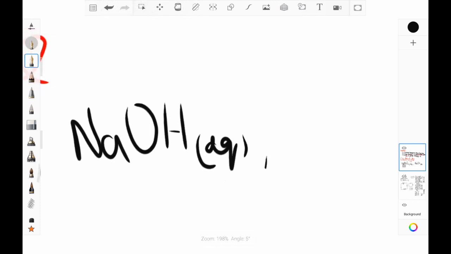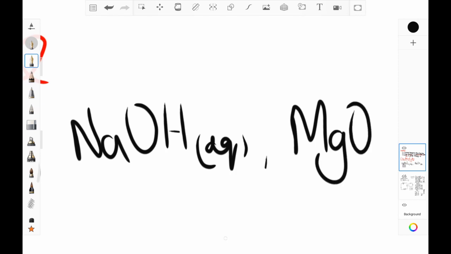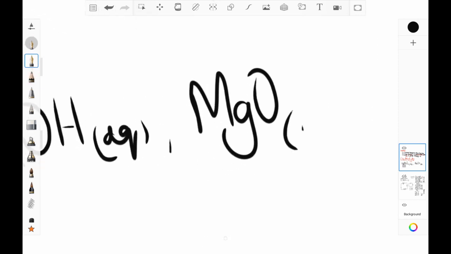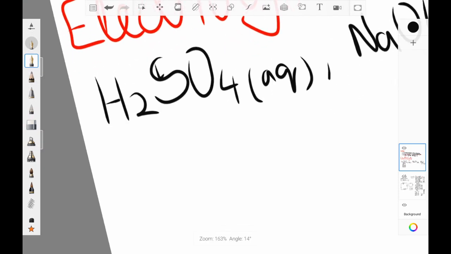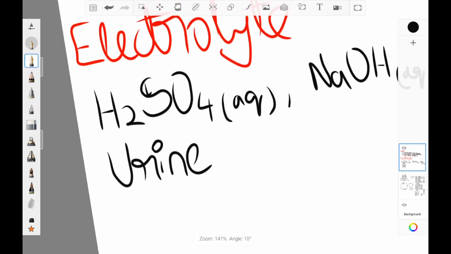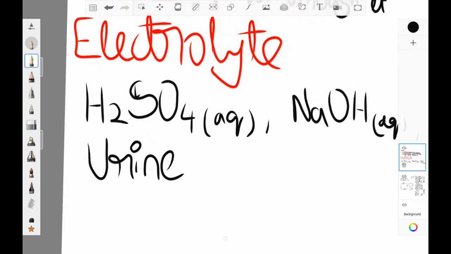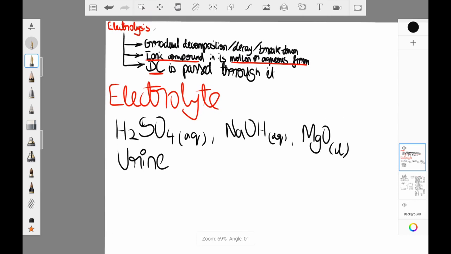If I have something like magnesium oxide in its molten form, this is an electrolyte. Even urine, because urine is essentially a solution of multiple salts along with water and urea and other substances, but it still contains free ions.